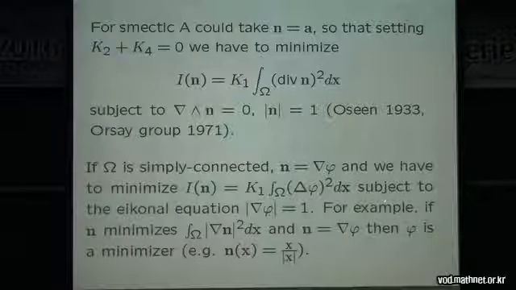For example, if n minimizes the integral of the gradient of n squared and n is the gradient of phi, then that of course will be a minimizer. So for example, x over norm x would be a minimizer to this problem for some boundary data. But you see that the problem of boundary data is a bit awkward. You'd like to be able to specify n on the boundary, and that's not going to really be easy.